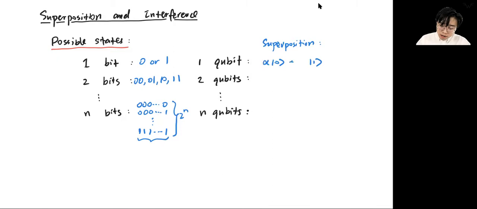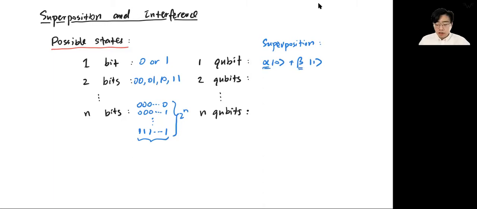We write them as a linear combination with coefficients alpha and beta respectively. If you measure this qubit, you will have some probability of observing 0, some other probability of observing 1, and these probabilities will be related to the coefficients alpha and beta.